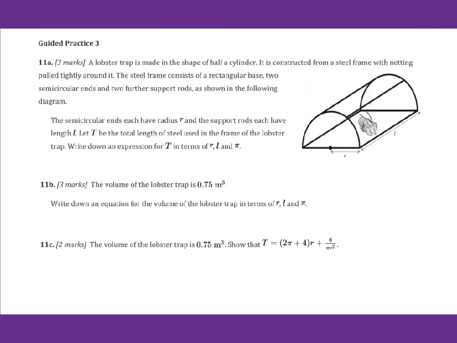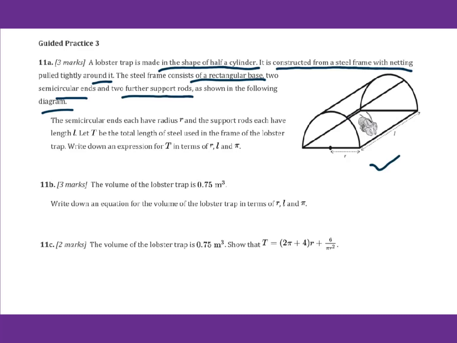Let's go to guided practice 3. A lobster trap is made in the shape of half of a cylinder. It's constructed from a steel frame with netting pulled tightly around it. The steel frame consists of a rectangular base, 2 semicircular ends, and 2 further support rods as shown in the following diagram here.